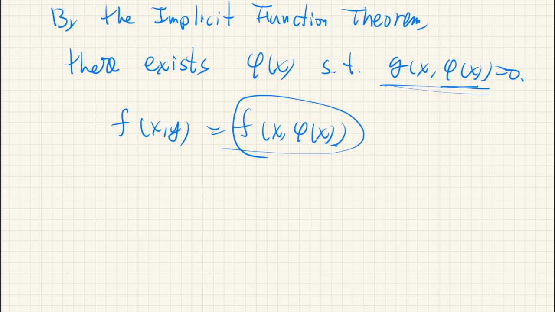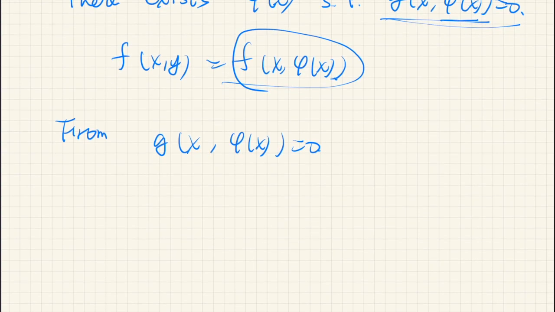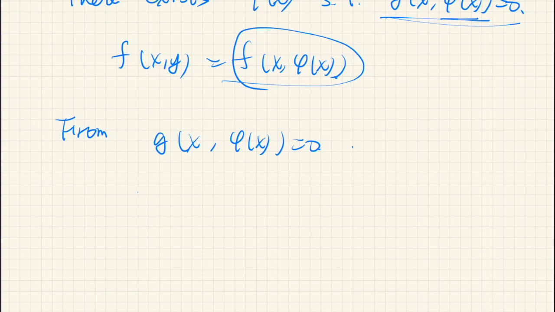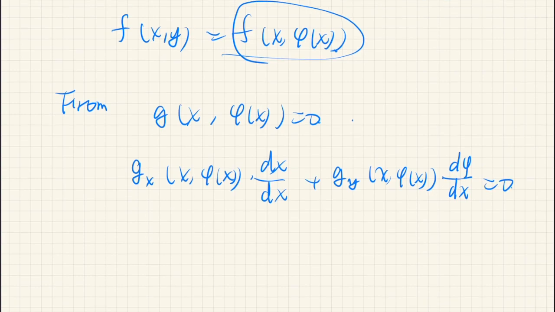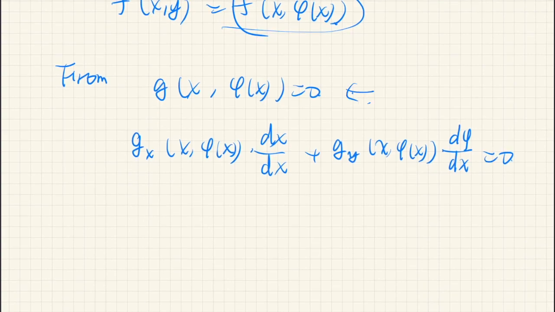Now, before that, if we differentiate g(x, phi(x)) = 0 with respect to x, just for the sake of completeness, we use the multivariate chain rule and have g_x times 1 plus g_y(x, phi(x)) times d phi dx equal to 0. So we differentiate both sides of this equation.